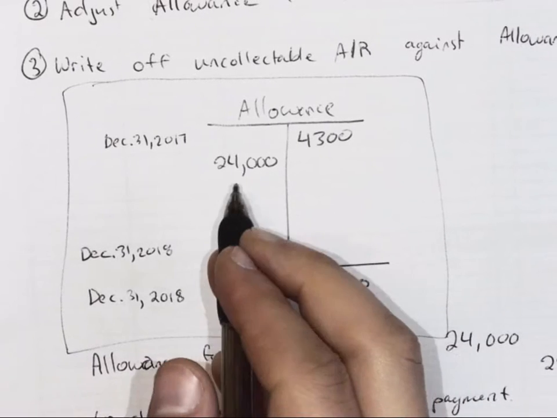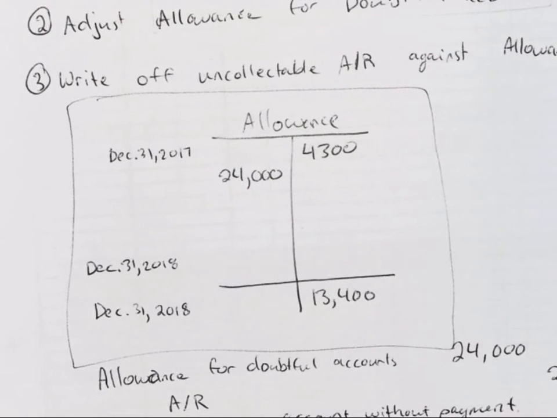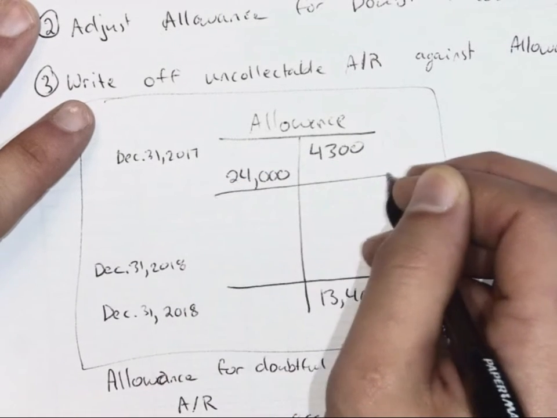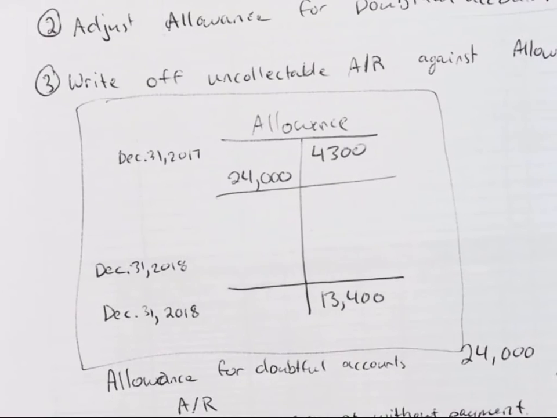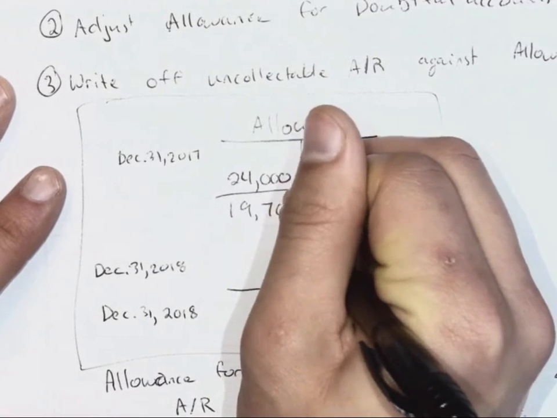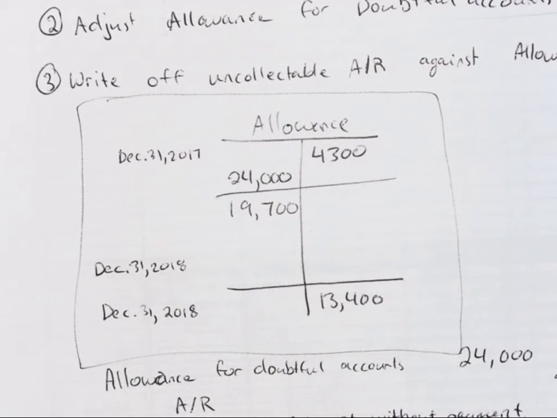Now this would have come in various transactions as we wrote off certain accounts. It might have been one customer for $24,000. It might have been 10 customers for various amounts. But for this case, we'll just put $24,000. Every time we write off a specific customer, we would use this account. So what is our balance before we go into the year end? $19,700 debit balance, right?